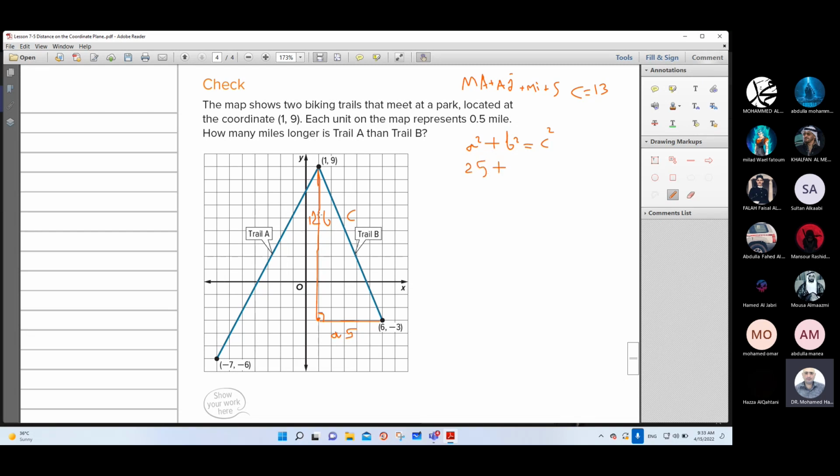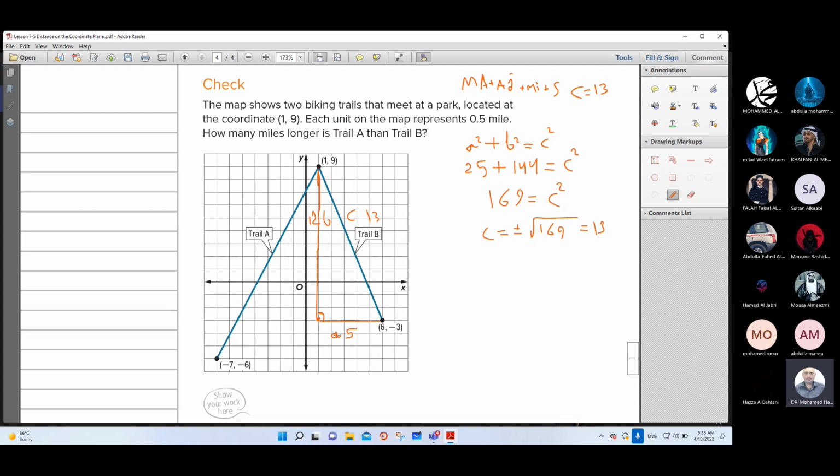The value of B is 12, 12 times 12 will be 144, equals C squared. 25 plus 144 will be 169, equals C squared. So C equals the positive square root of 169, which is 13. So the real B will be 13.